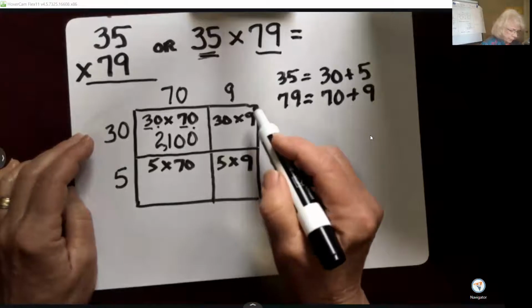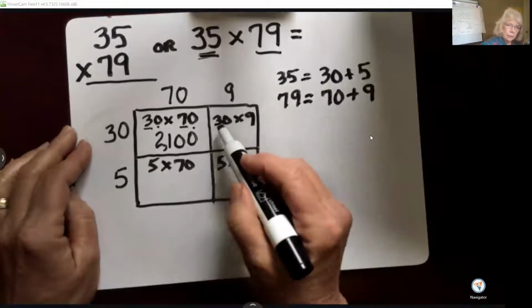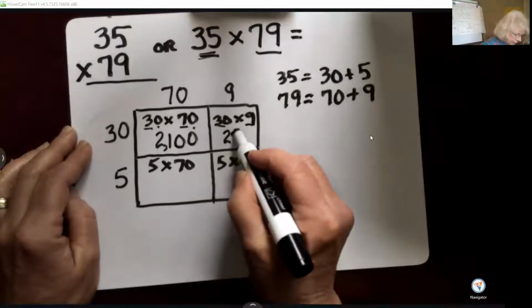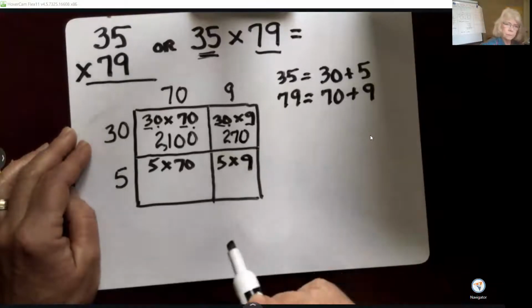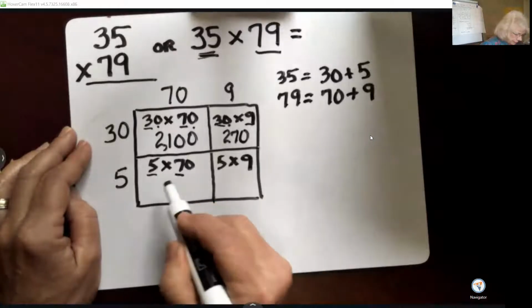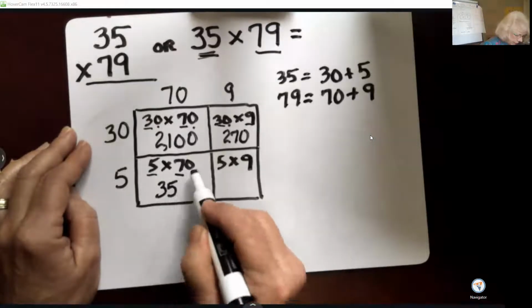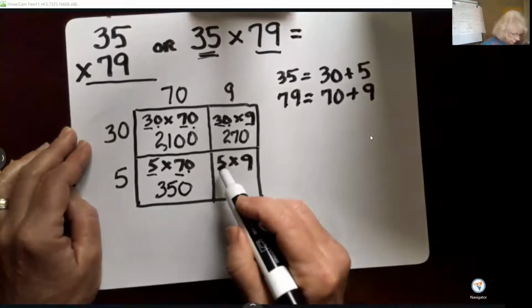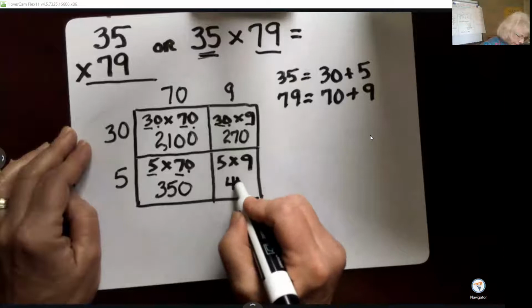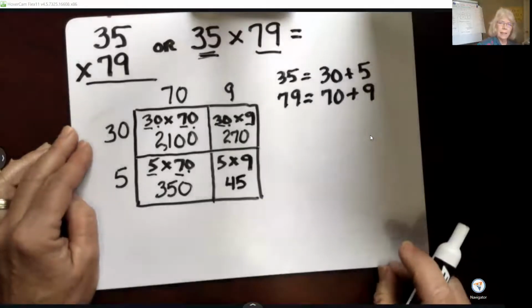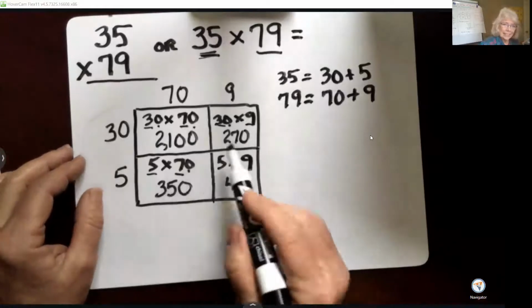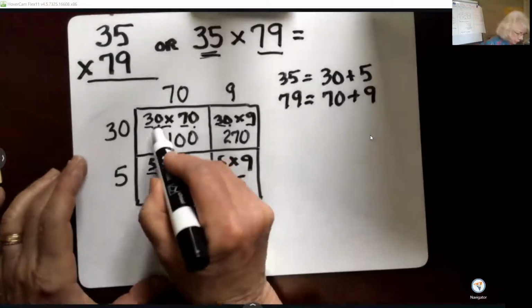Over here we have 30 times 9, so we have 3 times 9 is 27, add 1 zero. On the bottom we have 5 times 70: 5 times 7 is 35, add 1 zero. 5 times 9 is 45. There are no zeros involved. Now, the next step to get to our answer is we need to add together these 4 partial products.